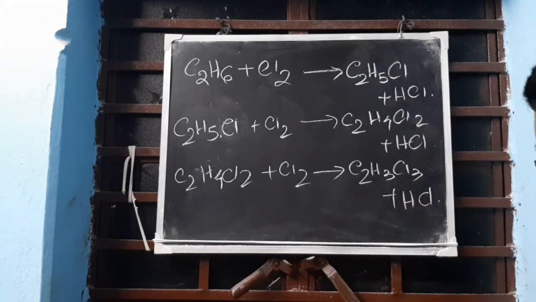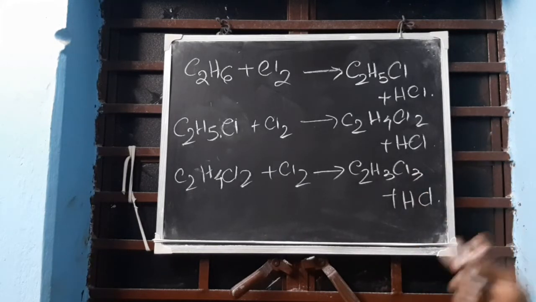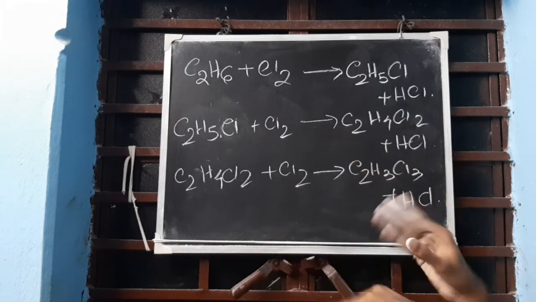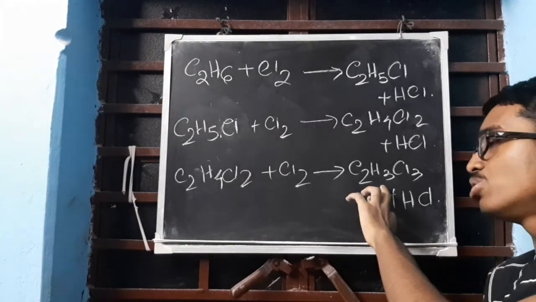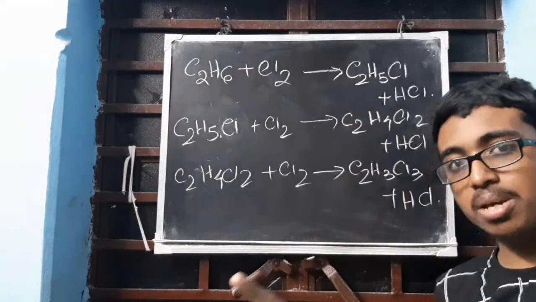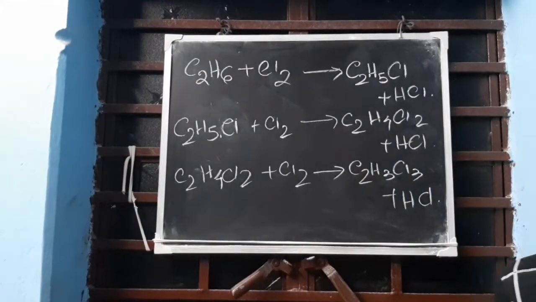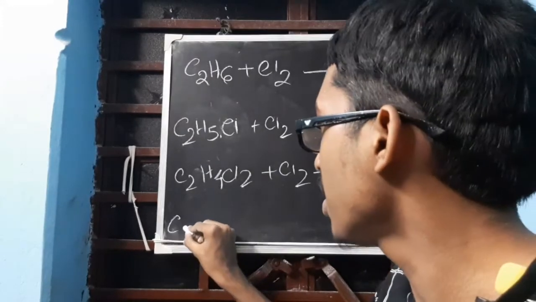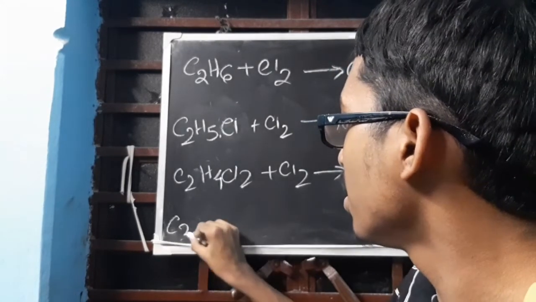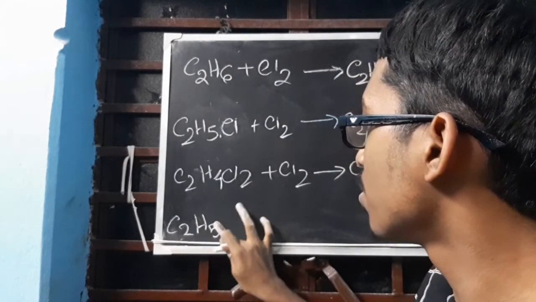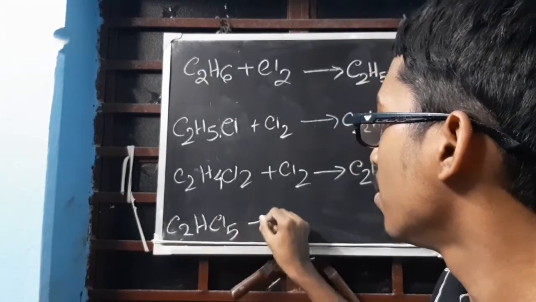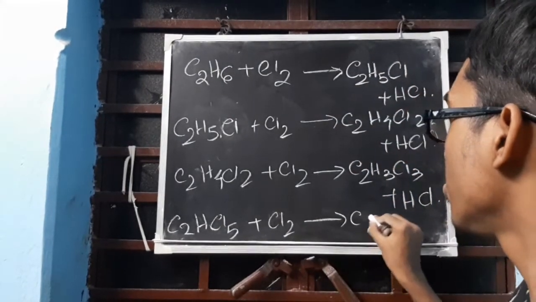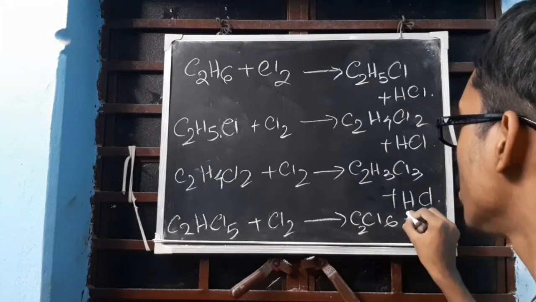Every turn hydrogen is decreasing, chlorine is increasing, right? Next step will be C2H2Cl4. Second last step it will be C2HCl5 plus Cl2. Last step now coming, and it will give you C2Cl6 plus HCl.